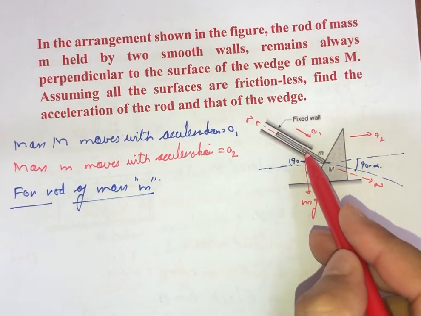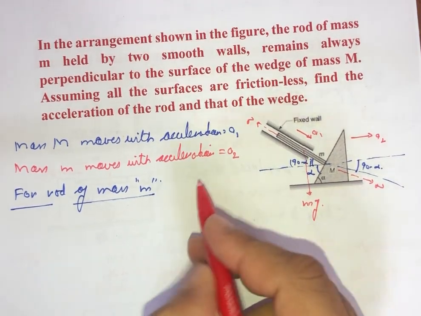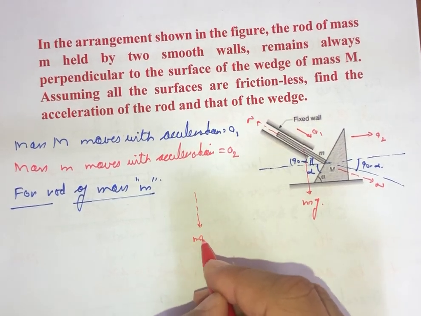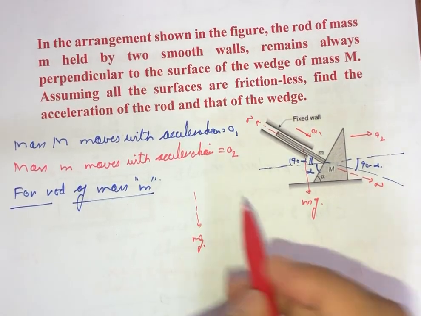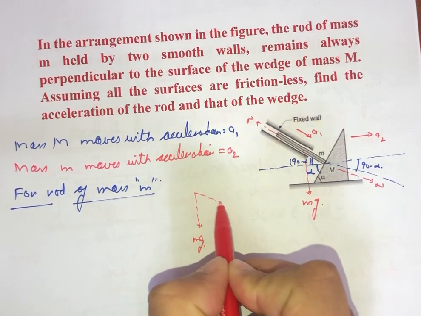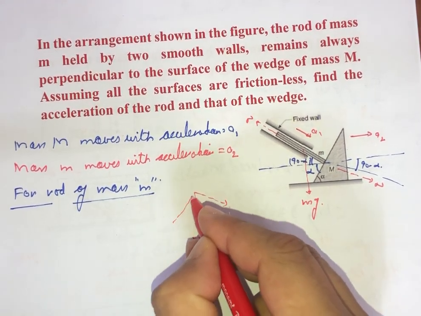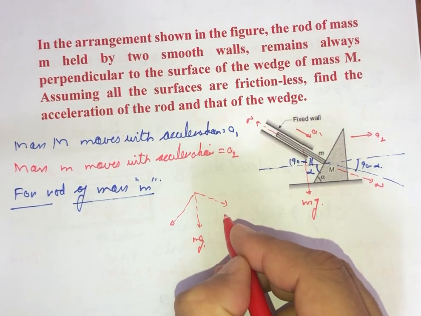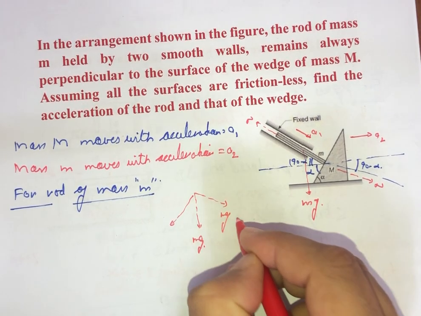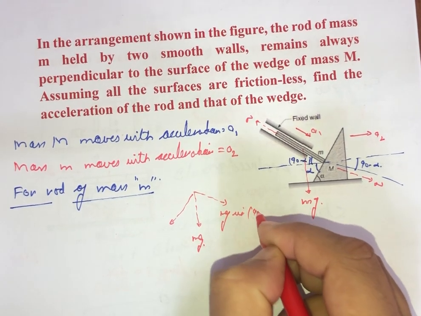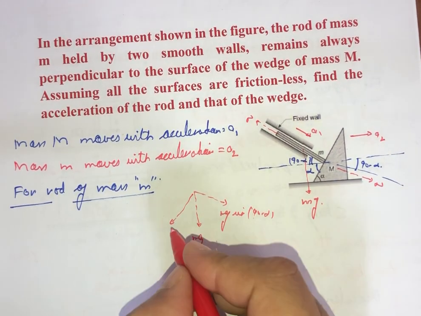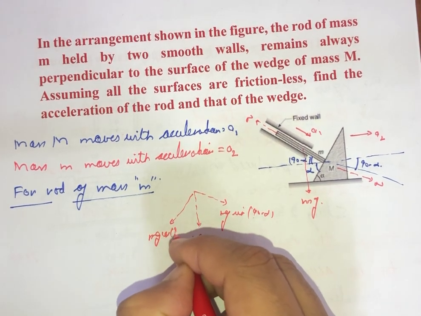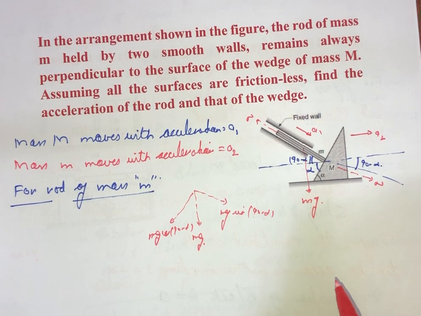We are going to have mg force in the downward direction like this. Now it can be divided into two components. So we are going to have this one as mg sine of 90 minus alpha, and this will be mg cos of 90 minus alpha.